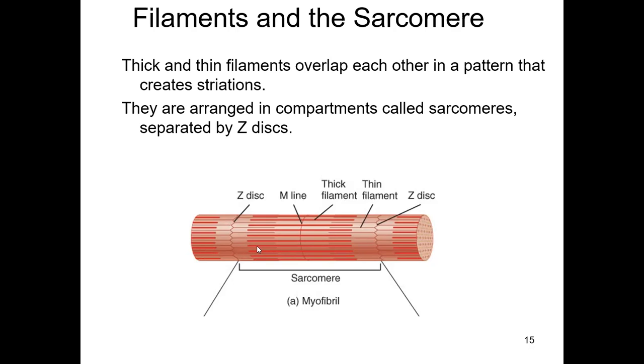The borders are the Z lines. Inside the sarcomere, in the middle, there's an M line. And we are seeing now the thick filaments anchored on the M line, and we see the thin filaments anchored on the Z line. This long parallel arrangement of the filaments is essential for the skeletal muscle to contract.